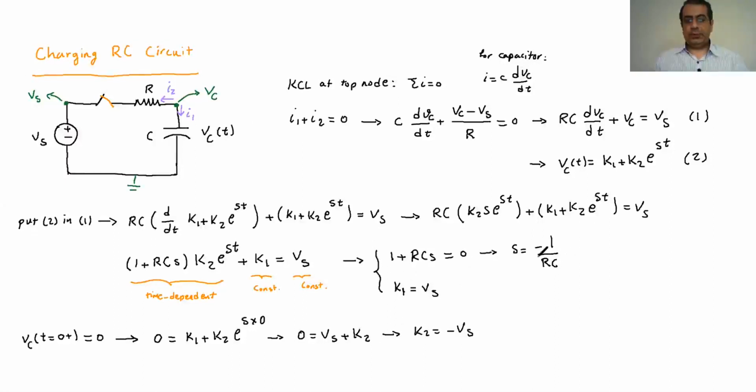So if I go ahead and substitute K1, K2, and S into our solution, into the original equation 2, what I'm going to get is that the VC over time is Vs minus Vs e to the power of negative T divided by RC.